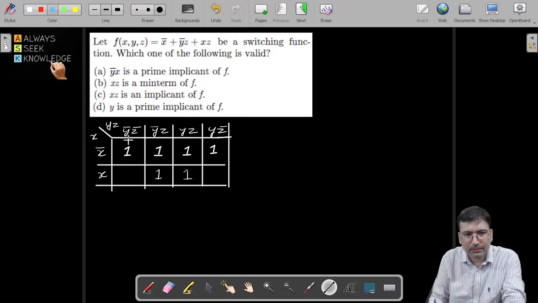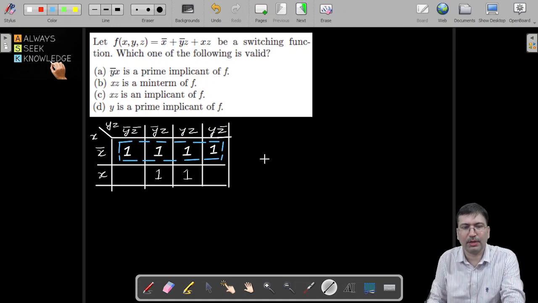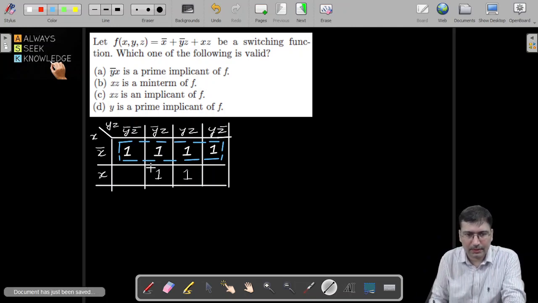The largest possible pairing we do will be considered as prime implicants, right? If a pair is not the largest possible pair, then it will be considered an implicant but not a prime implicant.